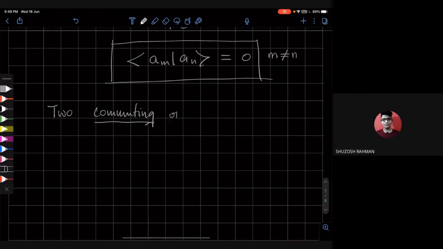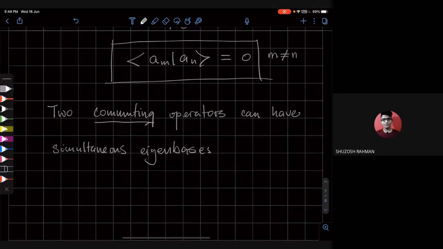Two commuting operators can have simultaneous eigenbases, or bases, I should say.